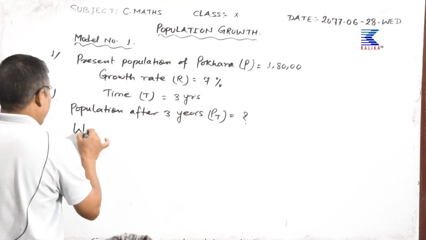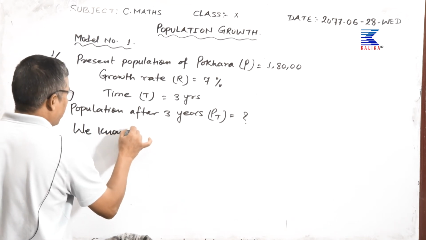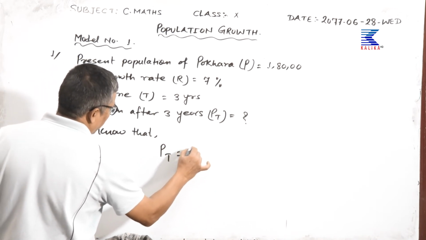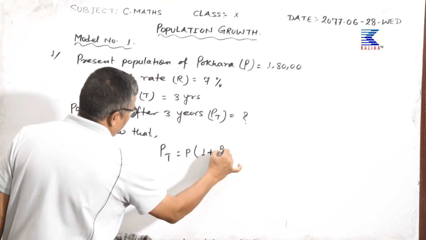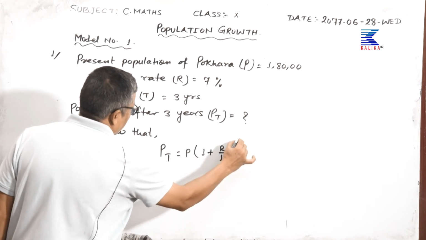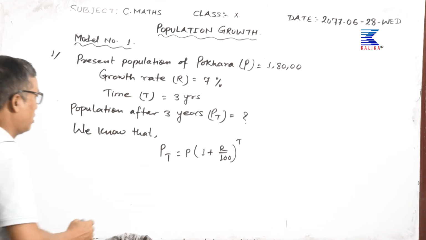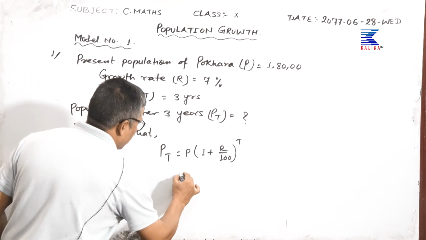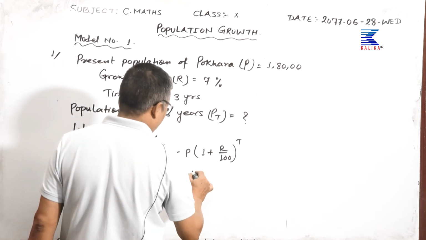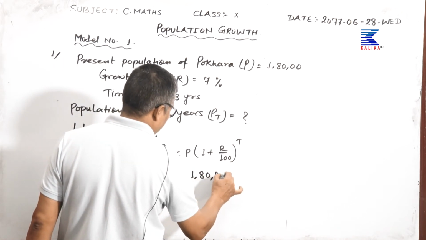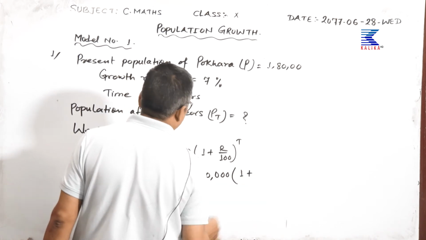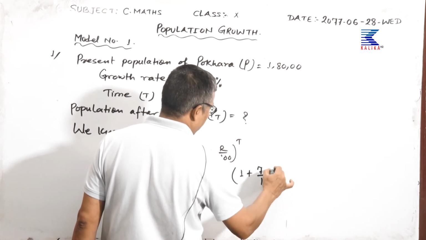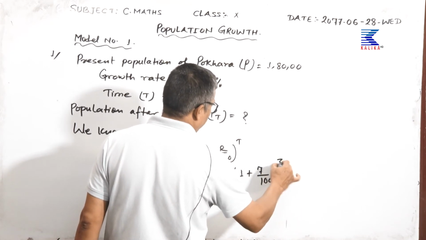We know that Pt is equal to P (1 + R/100)^t. The value of P is 1,80,000, 1 plus the growth rate 7% divided by 100, to the power time 3.